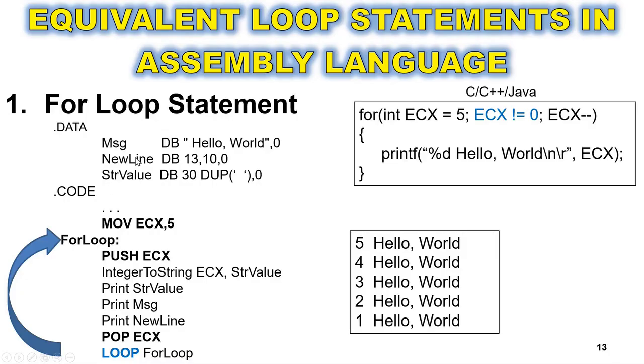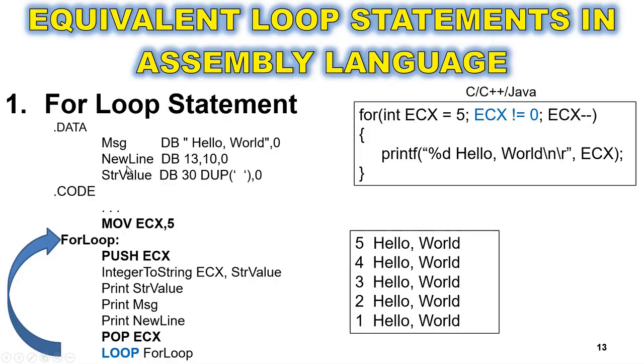I declared a string named message, assigned with a byte data type, and it contains an array of characters, hello world, that ends with an integer 0. That is needed for the print user-defined command that I programmed. The next memory variable is the new line.